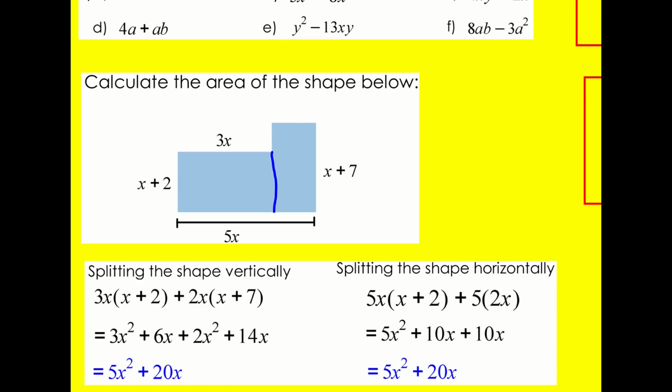You just have to realize that this length is 2x. That's where these two terms have come from. And then it's another expanding bracket, and simplifying, we get an x squared in there. Or you could do it horizontally, like so, and then you'd have to figure out that this length here is 5, and you get a different bracket to expand, but you've got to get the same answer at the end of the day. So nicely done. You can split it either way.